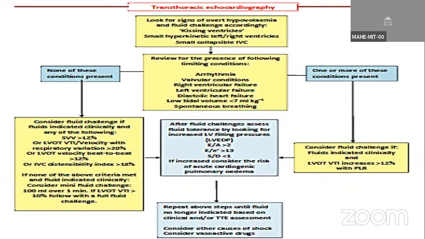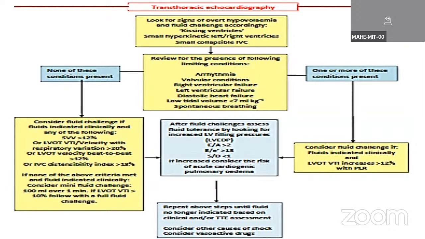This is the algorithm for how we can approach a patient who has come to the ER or to the ICU. How can you decide whether to give fluids or not? First, you look for the obvious: you do an echo and see if the patient has kissing ventricles, hyperkinetic LV, and a small or collapsible IVC. Then you need to give fluid resuscitation.